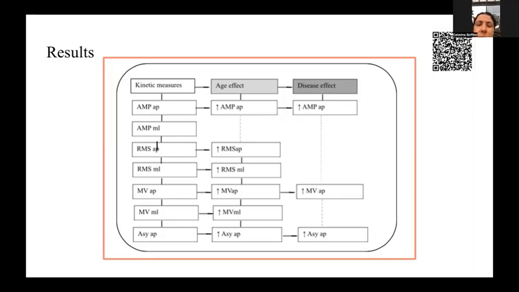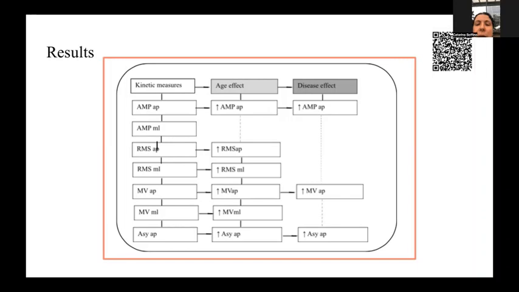This is important, because age can alter postural balance. Our data show that age leads to a higher amplitude, higher velocity, and a higher difference in the position of the center of pressure.